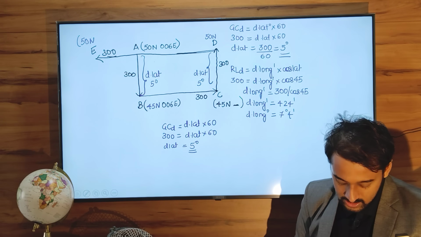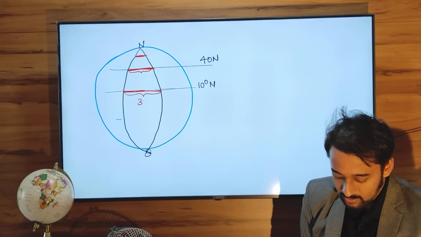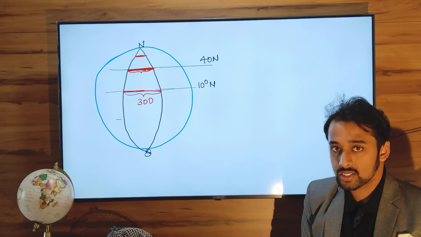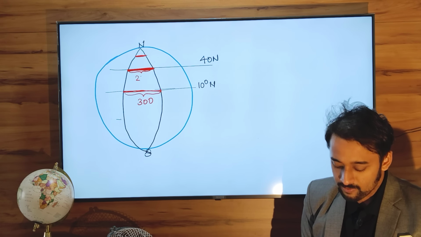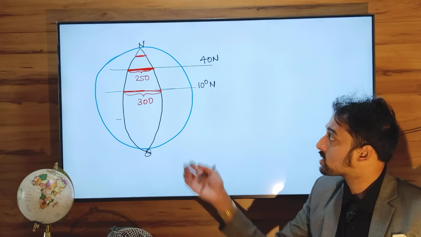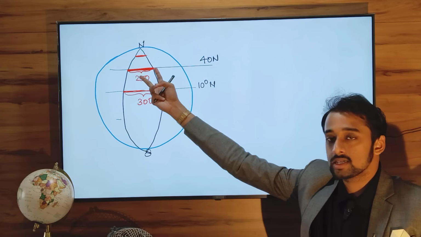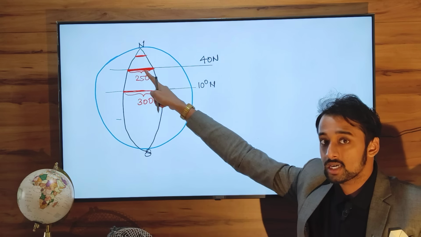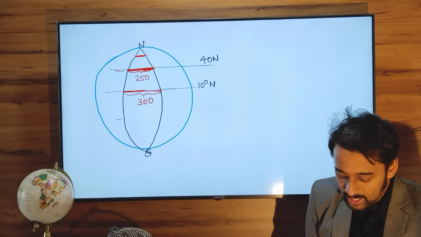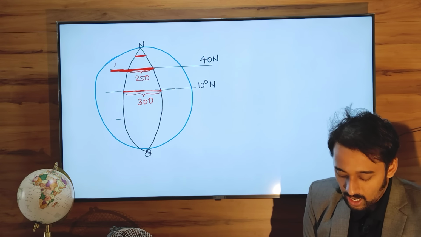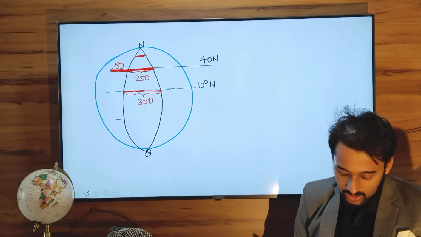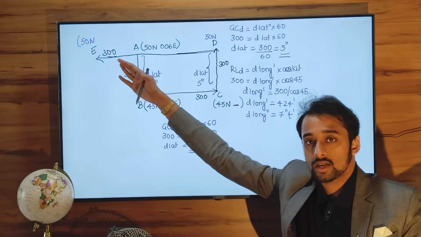If this is 300 nautical miles here, this will not be equivalent to a 300 mile distance. This will be somewhat 250, let's say, because this distance is going to be less than this. So to cover the same 300 at this latitude, we will have to fly an extra 50 outside. That's why I have drawn 300 extra outside.